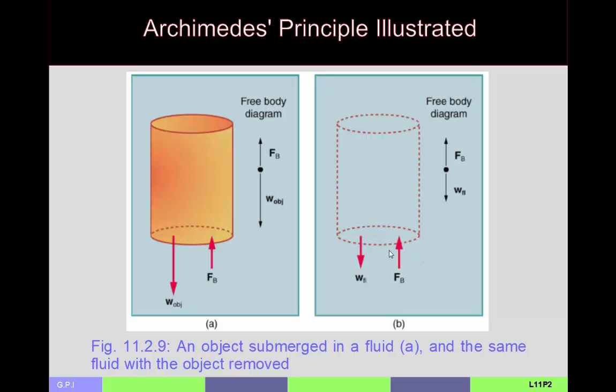And the fluid around it would need to be supplying a net upward force to hold this displaced fluid in place. This fluid that was displaced by the object is being held in place by the fluid surrounding it. So if you put an object there, it shouldn't have any effect on the fluid which is surrounding the object, and thus there should continue to be an upward force, which is the buoyant force, which acts upon the object.